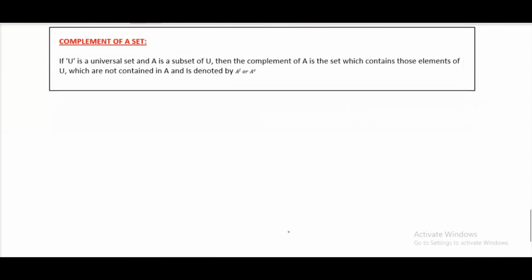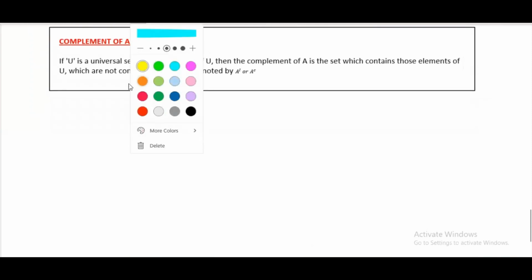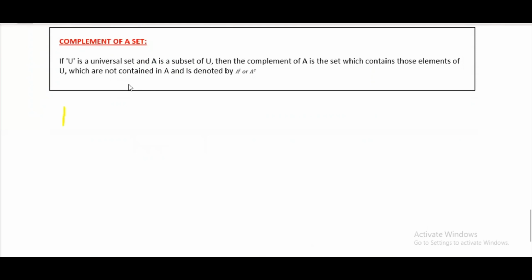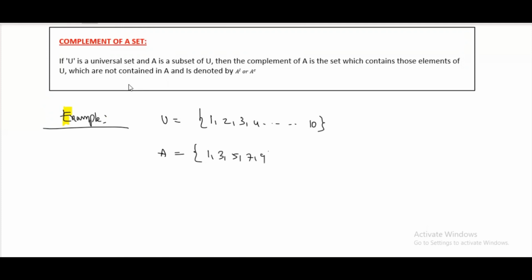So let's see what the complement of a set is. Let's take one example. The universal set I will take is defined with the elements 1, 2, 3, 4, 5 up to 10. So I'll take a subset of U as A, that is {1, 3, 5, 7, 9}.